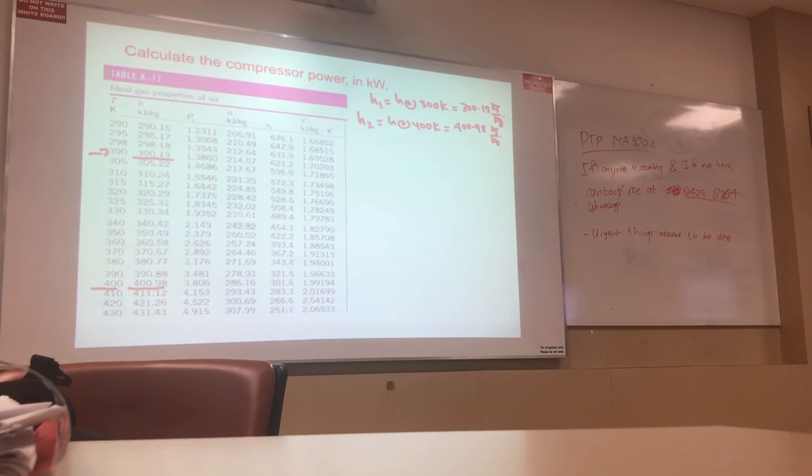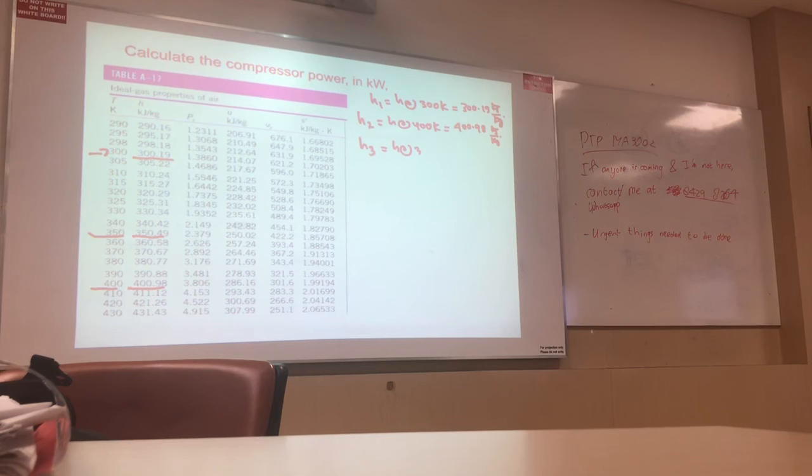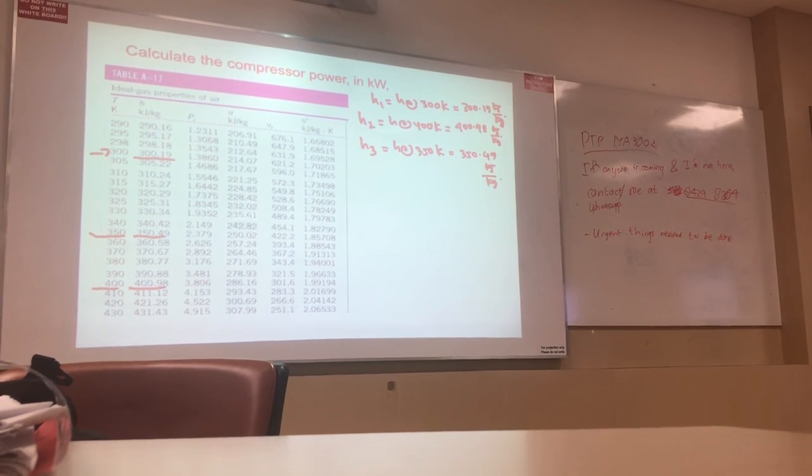Correct. What is H3? H3 is at 350 Kelvin. H at 350 Kelvin is 350.49 kilojoule per kilogram.